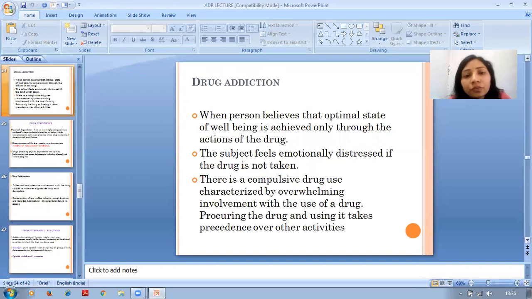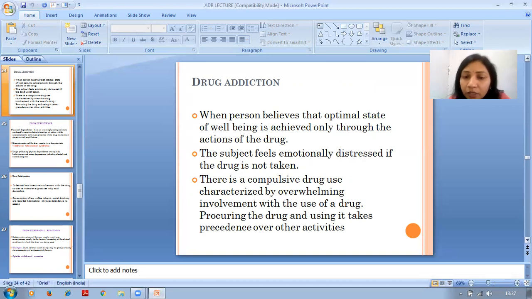Drug addiction. The person believes that an optimal state of well-being is achieved only through the action of the drug, and the subject feels emotionally distressed if the drug is not taken. There is compulsive drug use characterized by overwhelming involvement with the use of the drug.